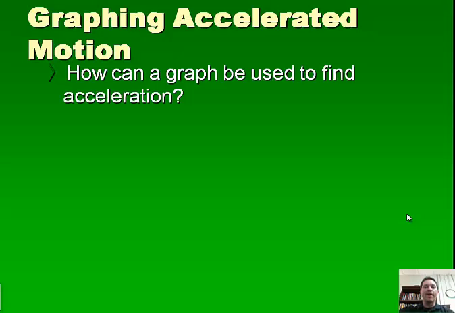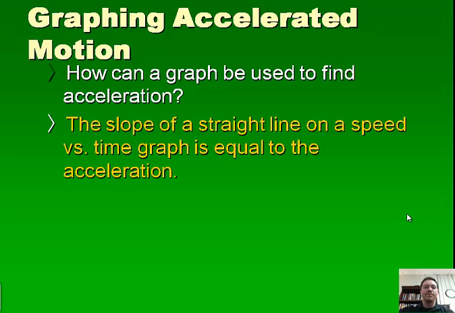Alright, so how can a graph be used to find acceleration? The slope of a straight line on a speed time graph is equal to acceleration. Notice this is different than our velocity graph. Velocity was distance time. Now we've got speed, or velocity versus time graph.